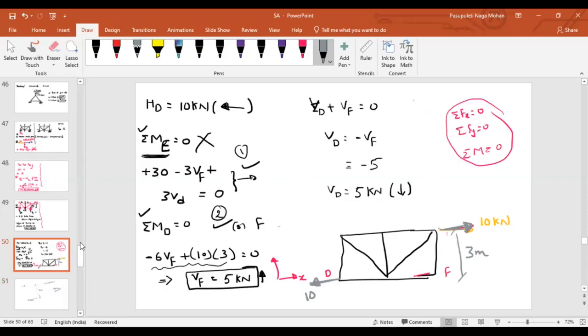That means because of the arrangement of these forces, my truss now has an unbalanced moment of 30 kilonewton meter in the clockwise direction. If it is to be stable, do we have to allow it? We don't, right? We have to balance it. Hence, because of these two forces, there is an unbalanced moment of 30 kilonewton meter, and it is trying to rotate your truss in the clockwise direction. How can I balance it?